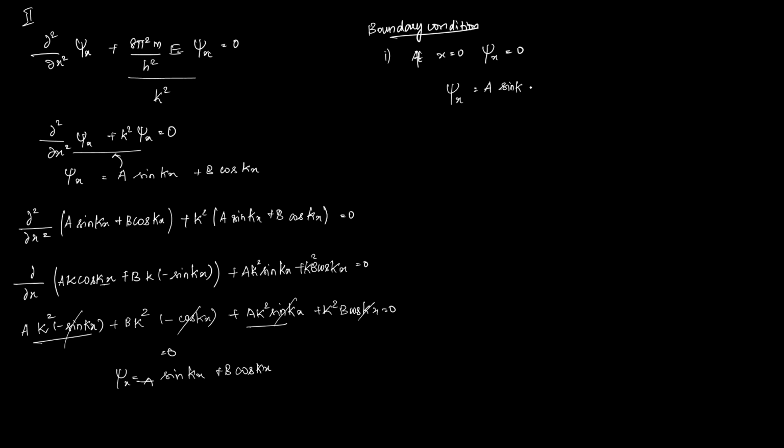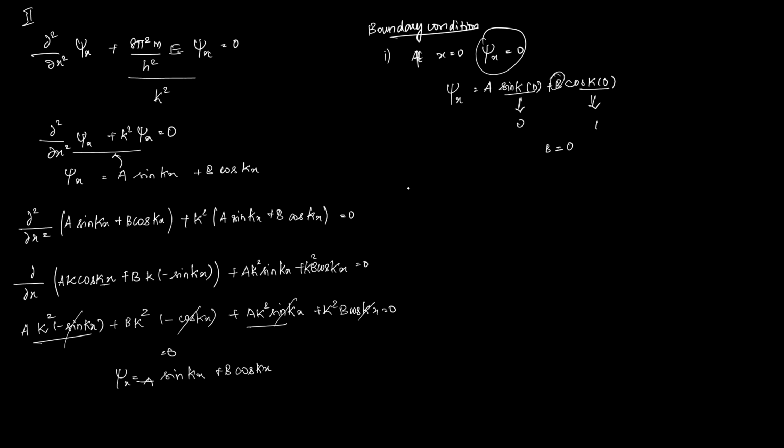So for kx you have to put simply 0, plus your b cos k into 0. So we know that sin 0 is going to be 0 and cos 0 is actually going to be equal to 1. So then what will your b value be? So your b value is actually going to be equal to 0. So when the wave function is 0, if your b is going to be 0, then you can say your entire wave function is going to be 0.